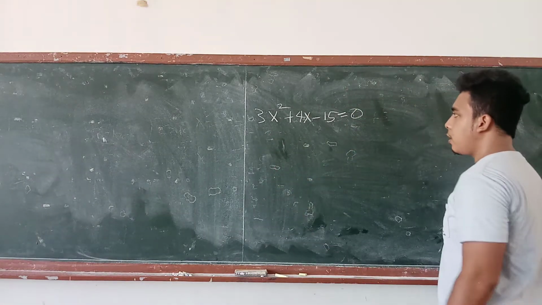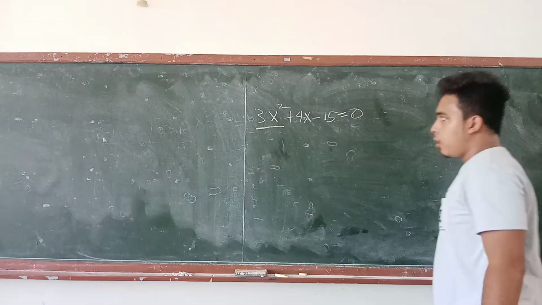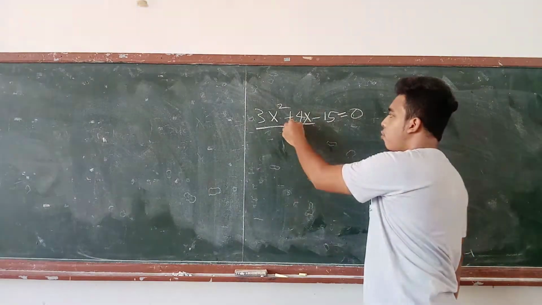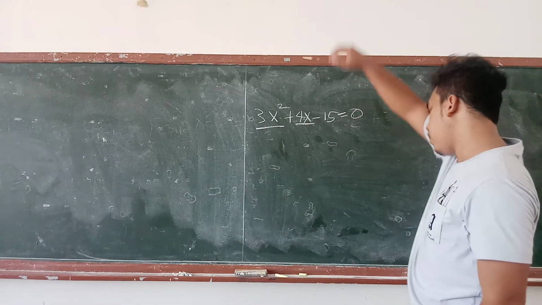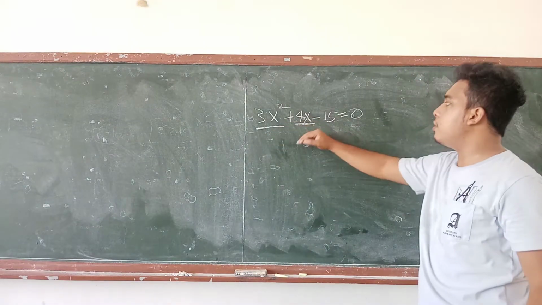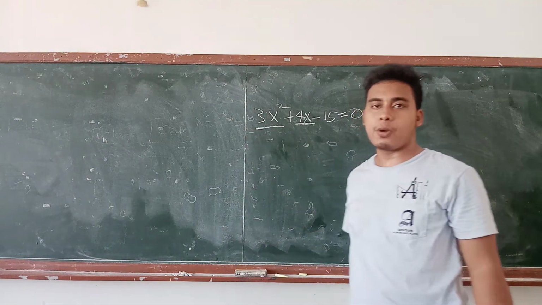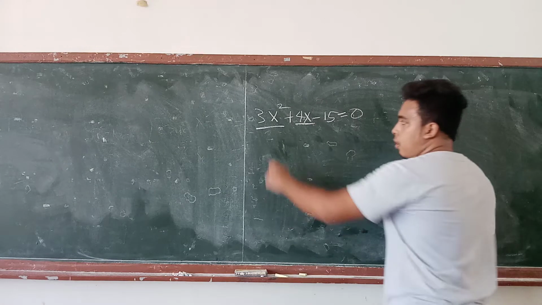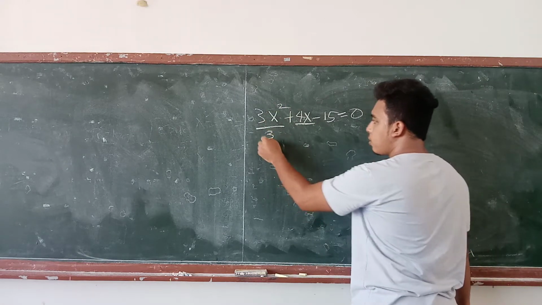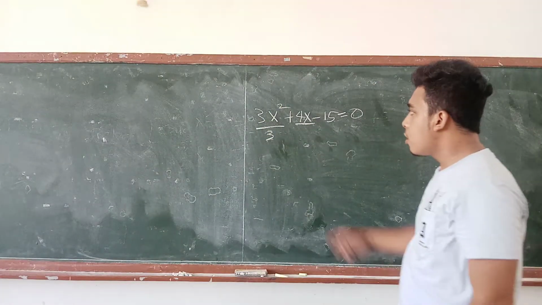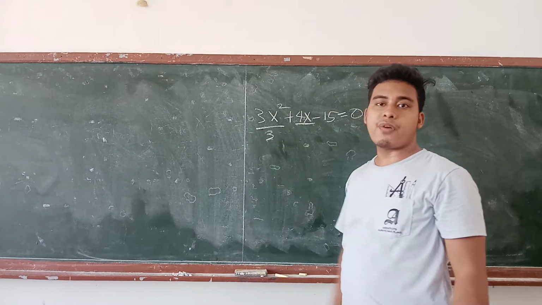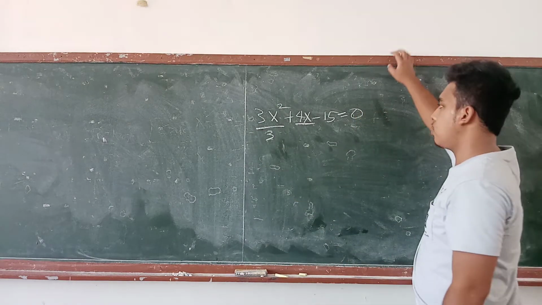By dividing the numerical coefficient of every term, the quadratic, linear, and constant term, by the numerical coefficient of our quadratic term. So 3x squared divided by 3, because the numerical coefficient of our quadratic term is equal to 3.